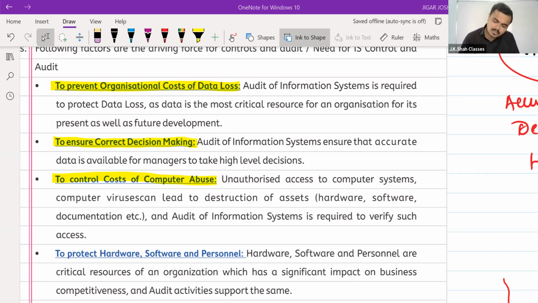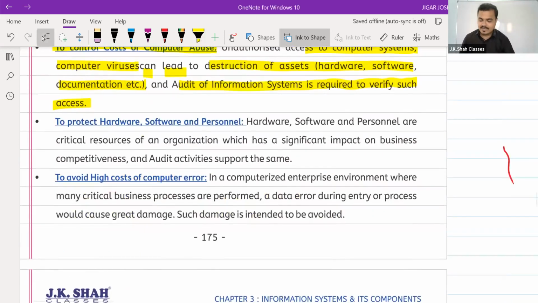Unauthorized access to the computer system and computer viruses can lead to destruction of the assets, hardware, software, documents, etc. The audit of information system is required to verify such access. So if we do the audit on a regular basis, it will definitely guide and help us to protect from such kind of tremendous losses.